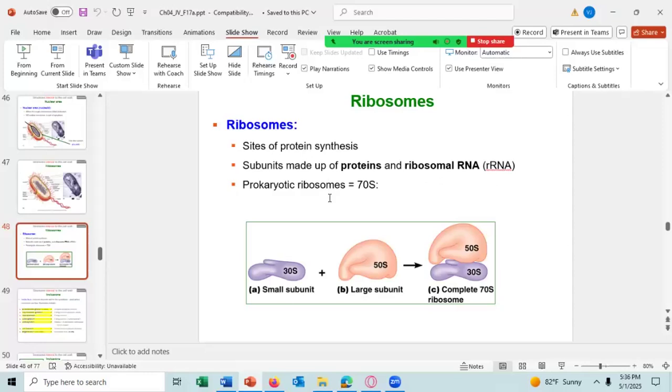The prokaryote ribosomes are 70S in size. That's a little smaller than the eukaryote ribosome, which is 80S in size. The S is how molecular biologists and biochemists measure ribosomes. It actually stands for the sedimentation coefficient in an ultracentrifuge gradient.